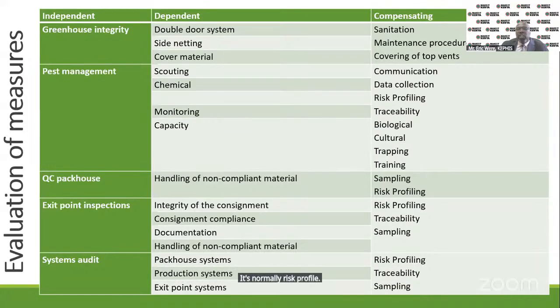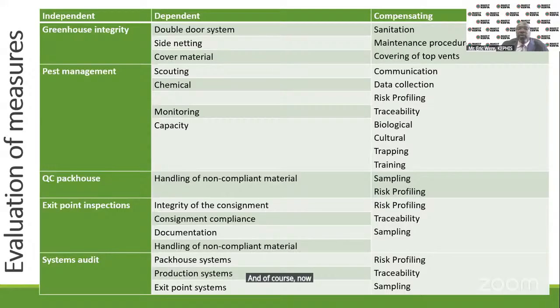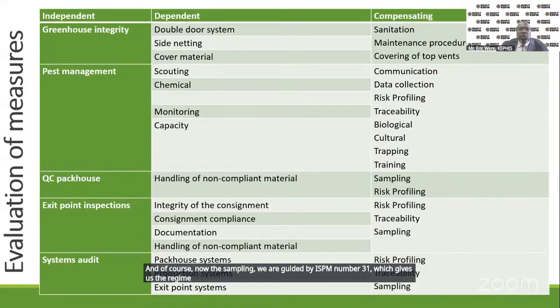We also look at the traceability. Looking at your invoices and your documentation, am I able to trace back to your farm? And of course, the sampling: we are guided by ISPM number 31, which gives us the regime under which we are supposed to be sampling.